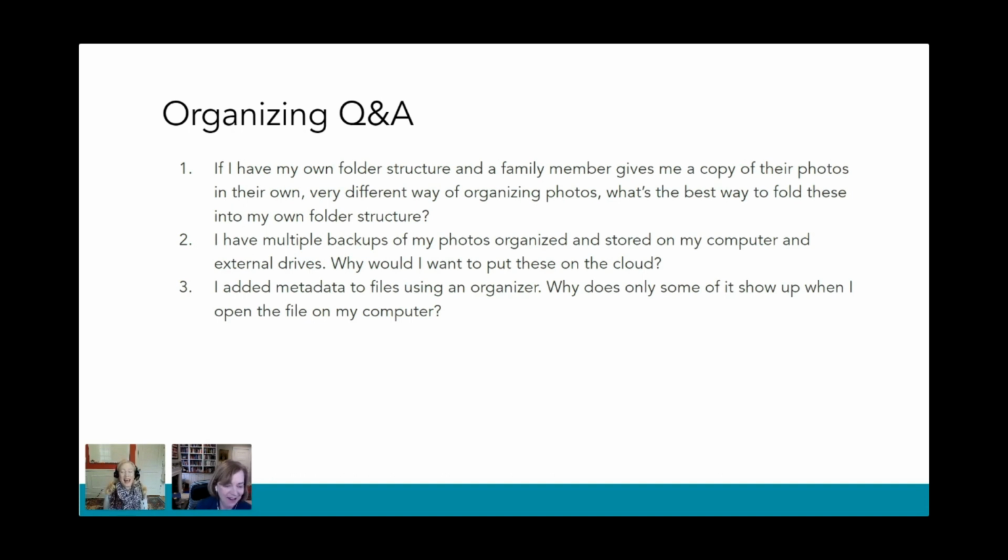And one of my favorite ones is doing it by date. Because you can use date very loosely. It could be the 1800s if you happen to be lucky and have any from that era. It can be 1910 as a decade. Or it could even be 1910 to 1940, whatever it is. You can make it a very loose structure that fits the nature of your folders or your photos.